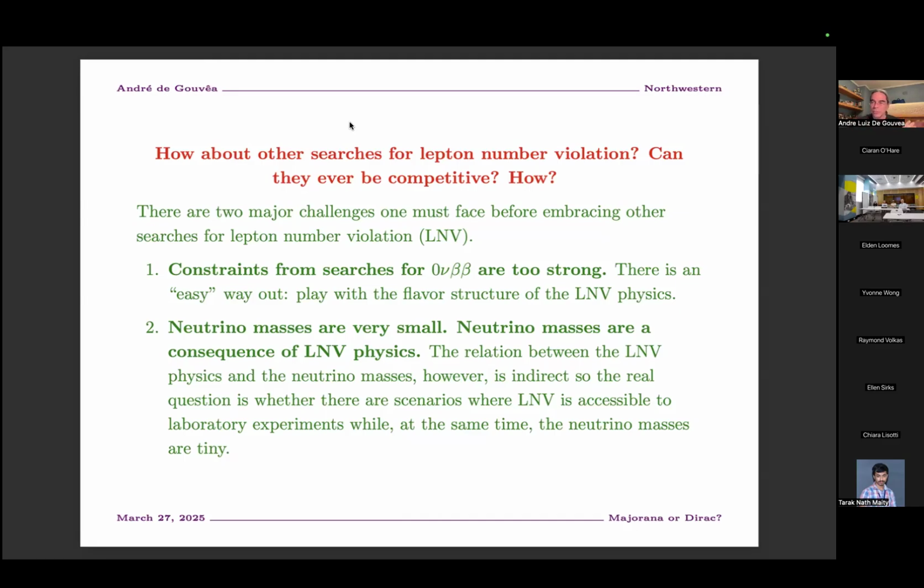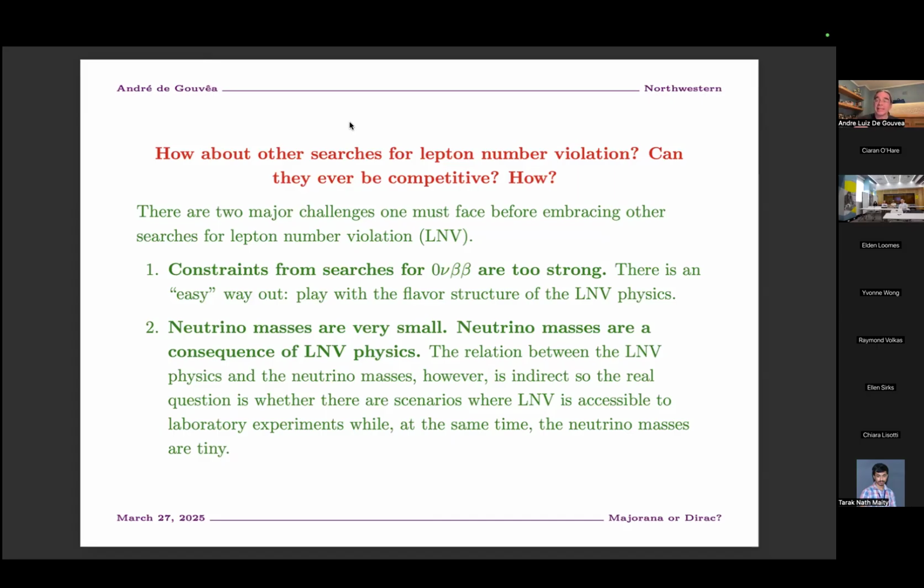So if you're happy with solving the problem this way, there's another problem, which I'm not going to dwell on very much, which is neutrino masses are very small. And it turns out that if the neutrinos are Majorana fermions, that physics that contributes to neutrino masses also will find a way to contribute to lepton number violating processes.